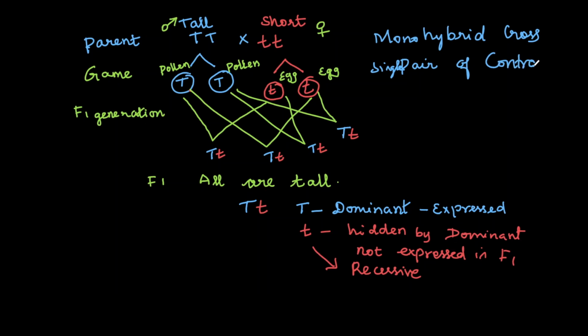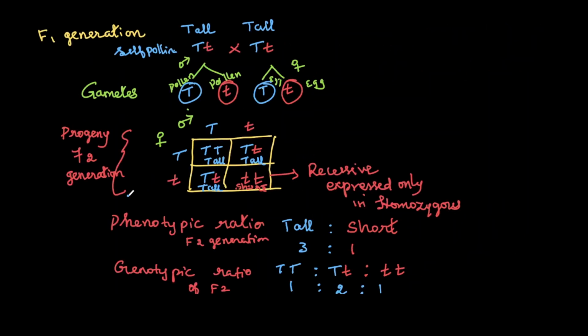Mendel has taken a single pair of contrasting character for his experiment. So this cross is called monohybrid cross. In this monohybrid cross, the phenotypic ratio of F2 generation is 3 is to 1. The genotypic ratio of F2 generation is 1 is to 2 is to 1.